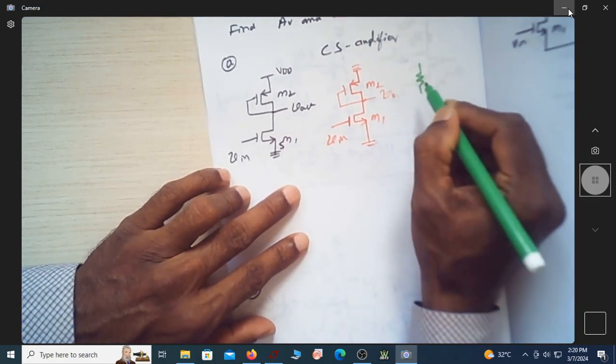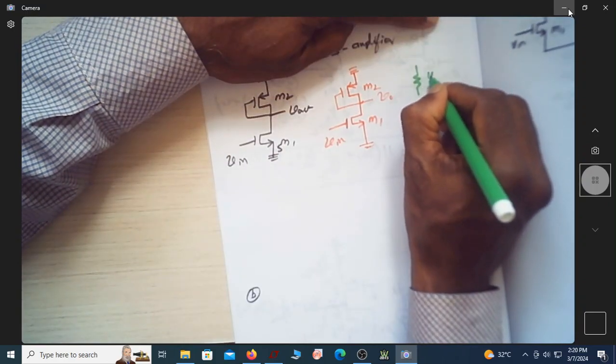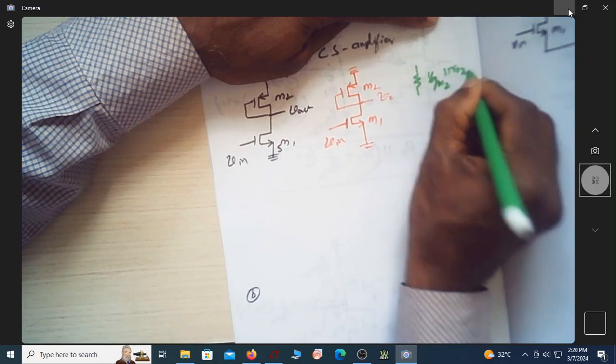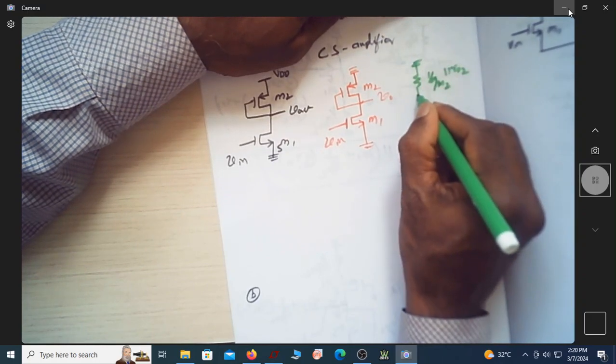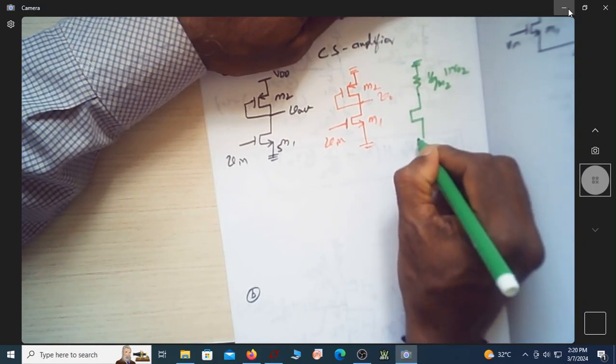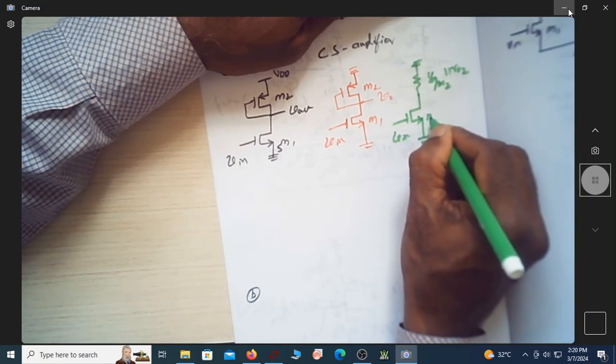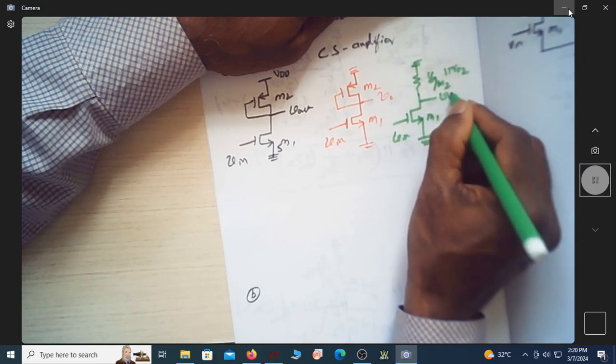This is having effective resistance of 1 over gm2 in parallel with r02. It's now AC grounded. This is my Vin, this is M1, this is the V0 point.